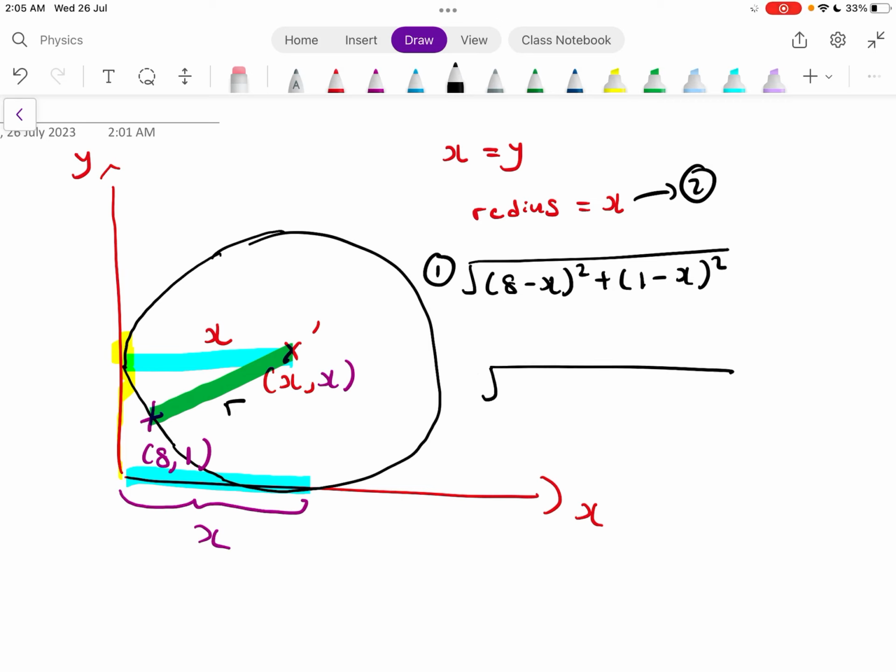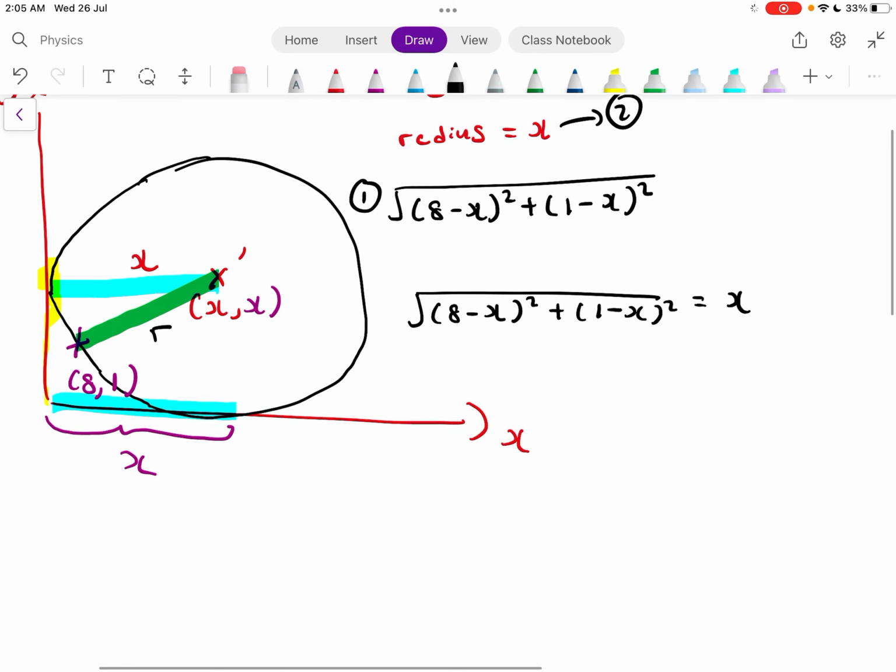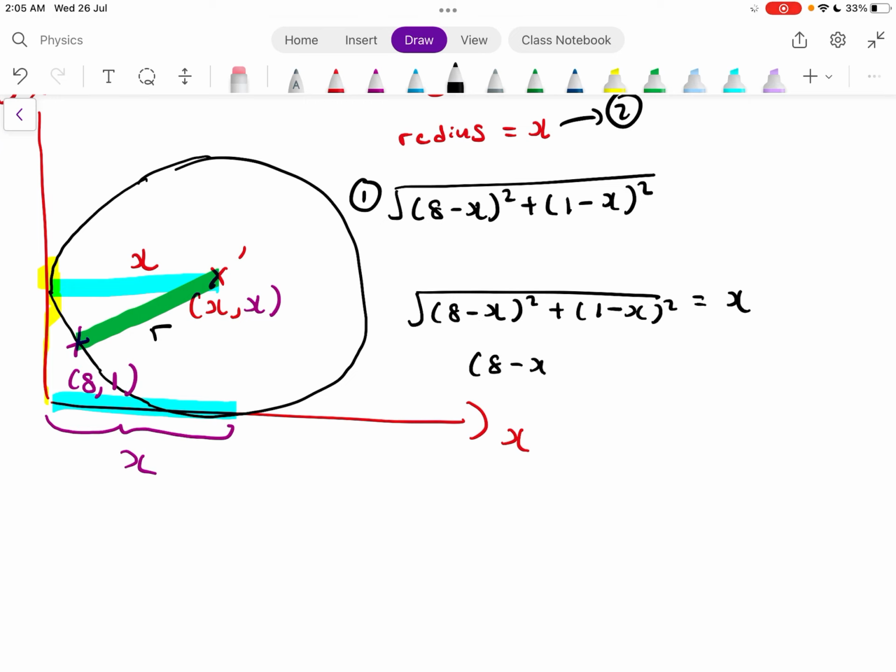So let's equate them together. It's the square root of (8 minus x) bracket square plus (1 minus x) bracket square, which will give you x. Then just continue to manipulate. You square both sides, so (8 minus x) bracket square plus (1 minus x) bracket square equals x square.